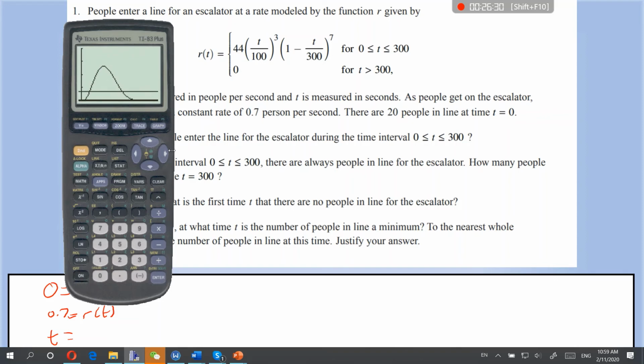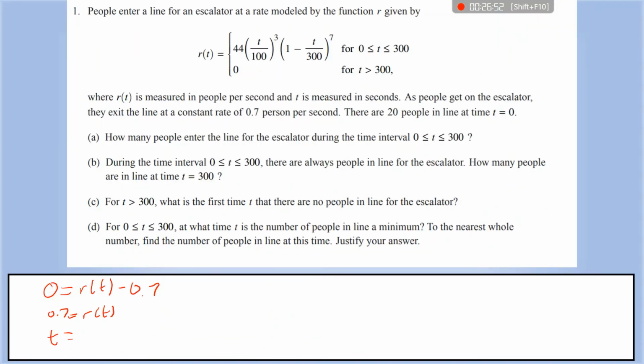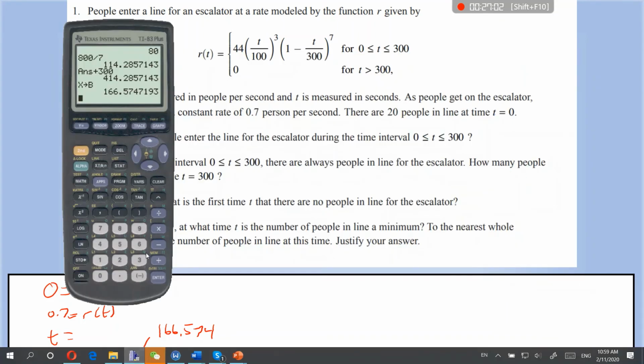First curve, second curve, guess. My second intersect is 166.574, so I'm going to store that: X store alpha B, because that's the second one. Or I can calculate the first intersect instead.